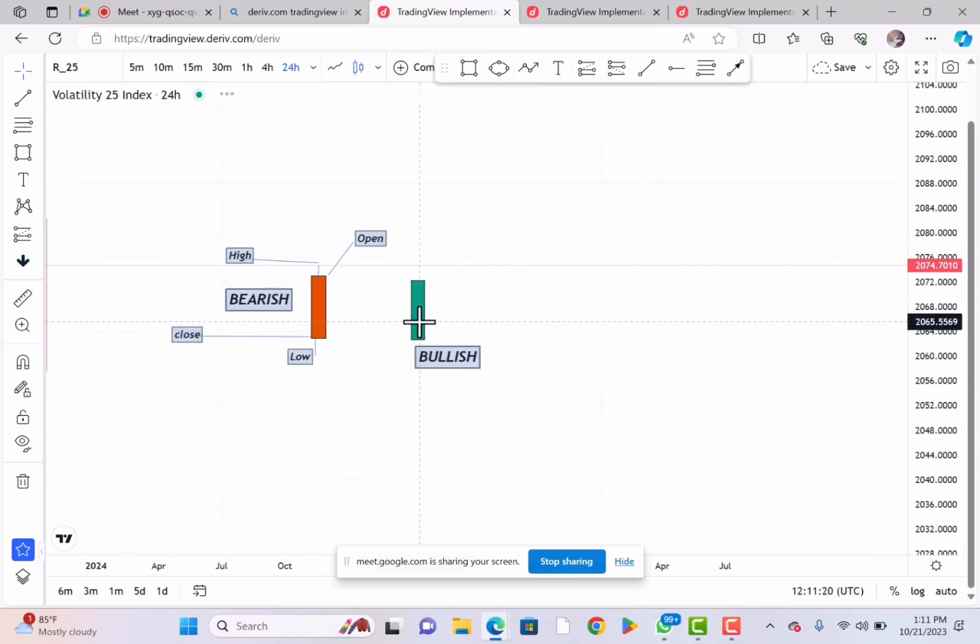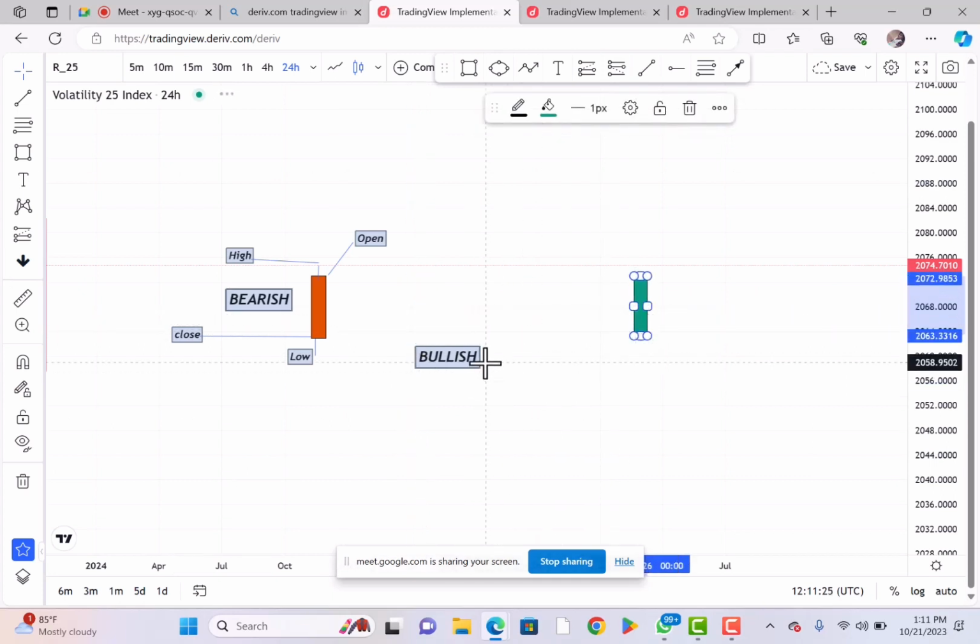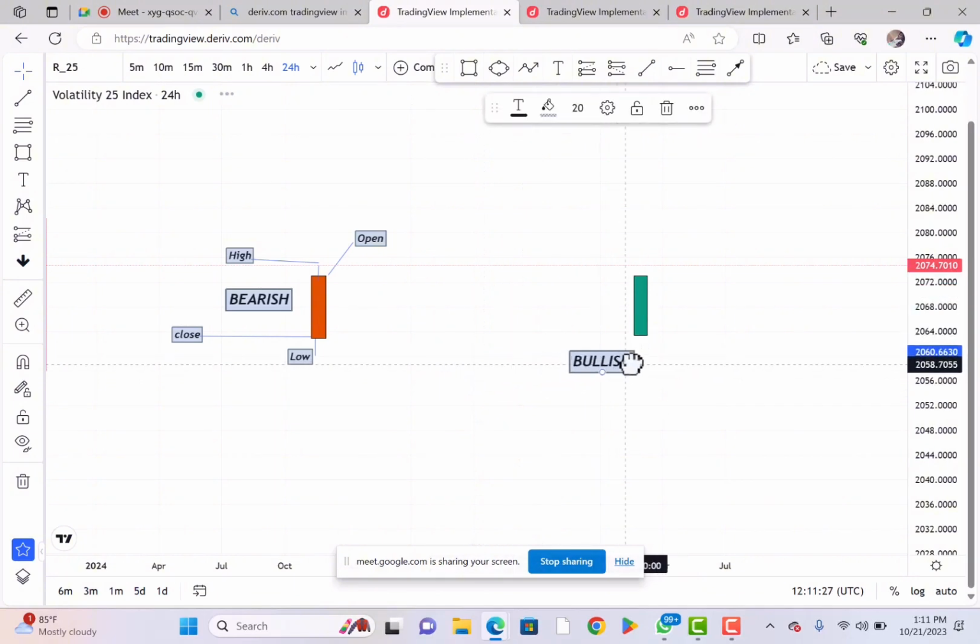All right. Let me move this one from here so that you guys will understand. I believe you guys can see what I have drawn. This is a bearish candle. This is the open of the candle. This is the close of the candle. This is the high and this is the low.